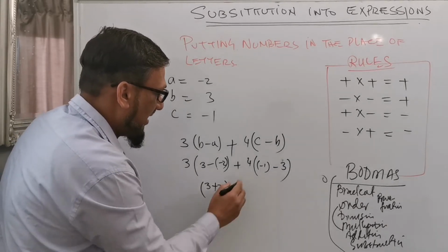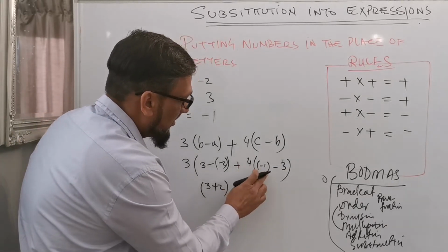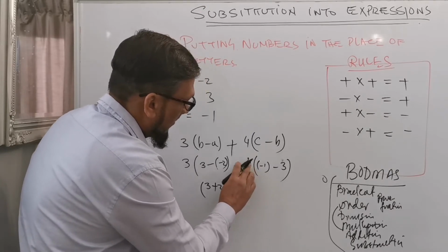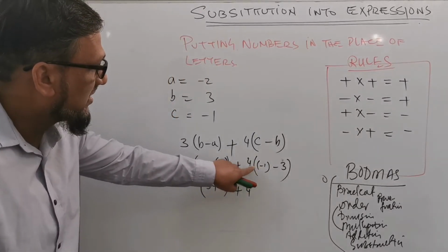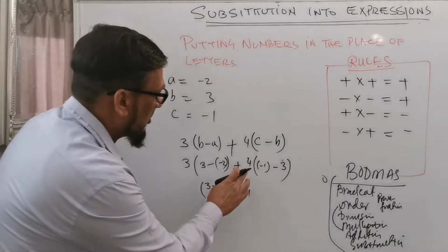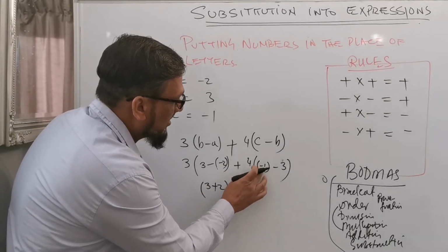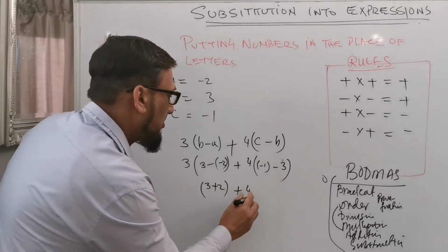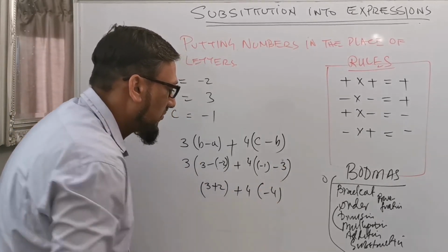And same here: plus this 4 plus this minus. First we need to solve the bracket. So minus 1 and minus 3, so the answer will be minus 4.